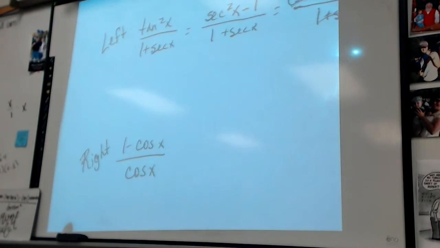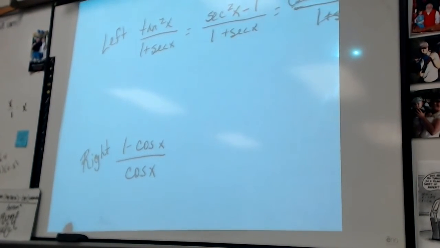So what do you think we ought to do here? My first inclination was multiplying by the conjugate, but I'm trying to get to secant.